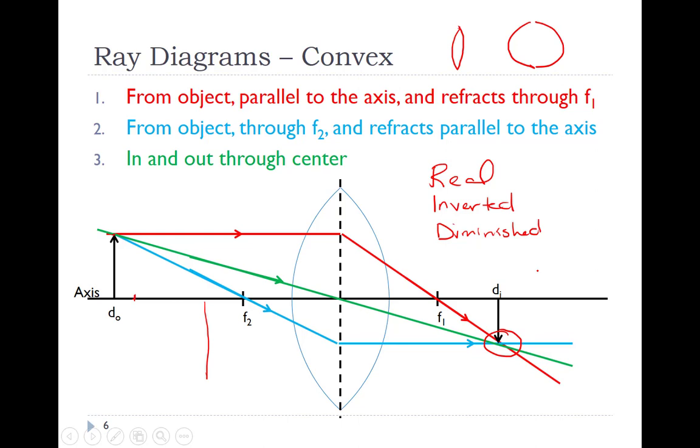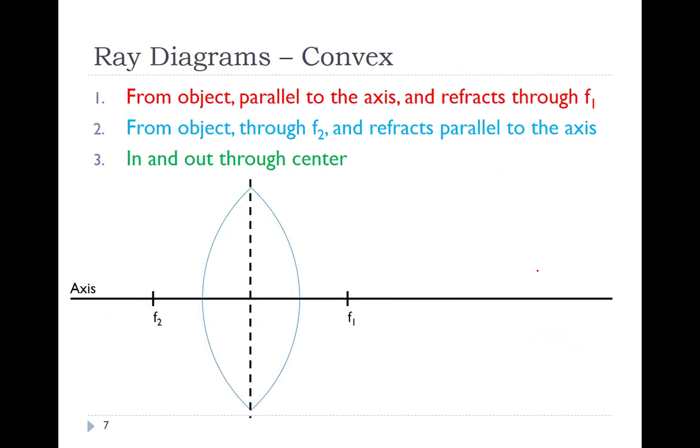Okay, so what we're going to do now is another convex lens ray diagram where we're going to move the object in, and it's now going to be between F2 and 2F2, which is right there in this case. Okay. So same 3 rays.